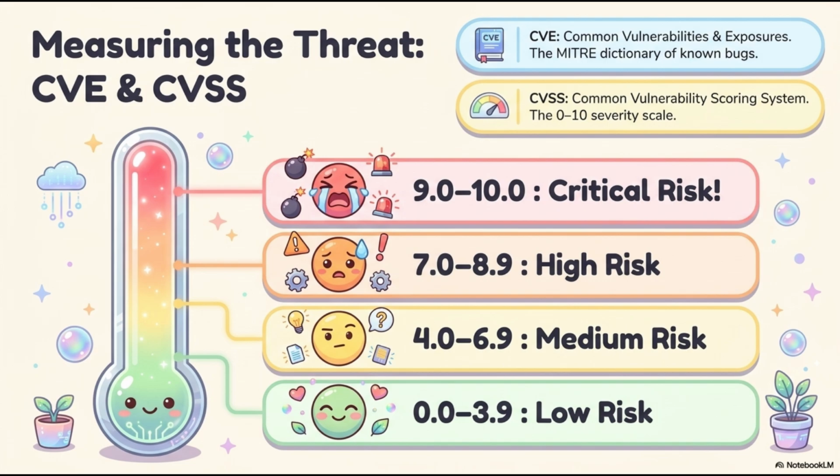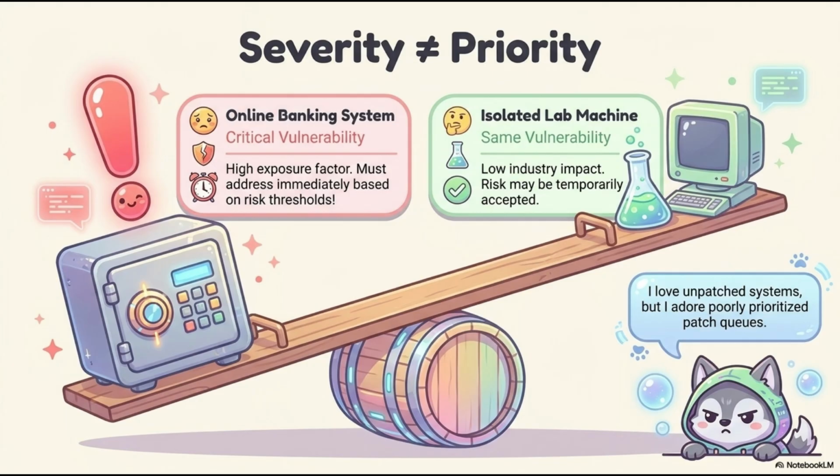prioritize remediation efforts. When reviewing scan results, administrators must prioritize vulnerabilities based on classification scores, environmental context, industry impact, and organizational risk tolerance. A critical vulnerability in an online banking system is far more serious than the same vulnerability on an isolated lab machine.